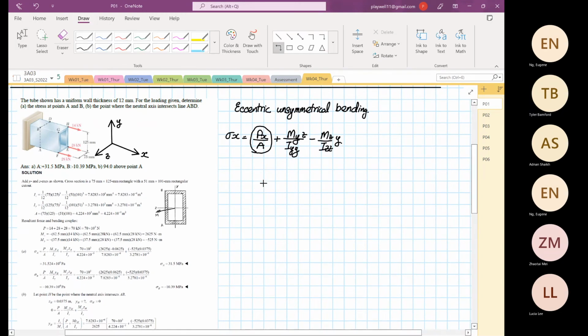Okay. So this is your Y, and this is your Z. And then it's 125 and 75. So I'm drawing the front view now.